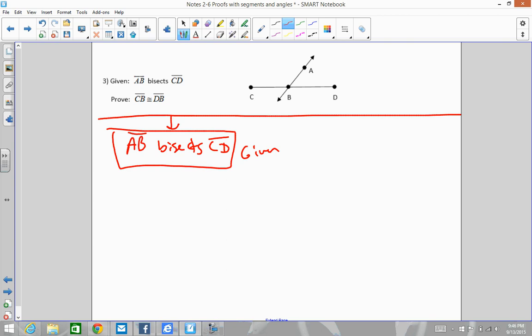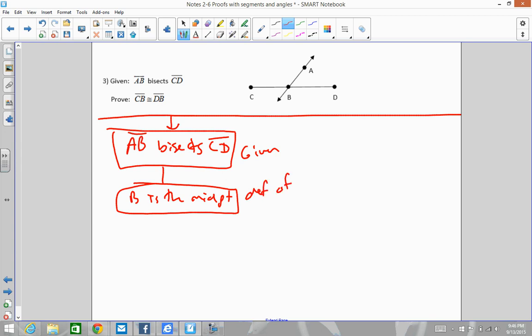So I know that if I have a segment bisector, what does a segment bisector do? A segment bisector tells me where the midpoint is. So I know that if AB bisects CD, then B is the midpoint. How do I know that? Because of the definition of a segment bisector. If it's a bisector, then it finds the midpoint.